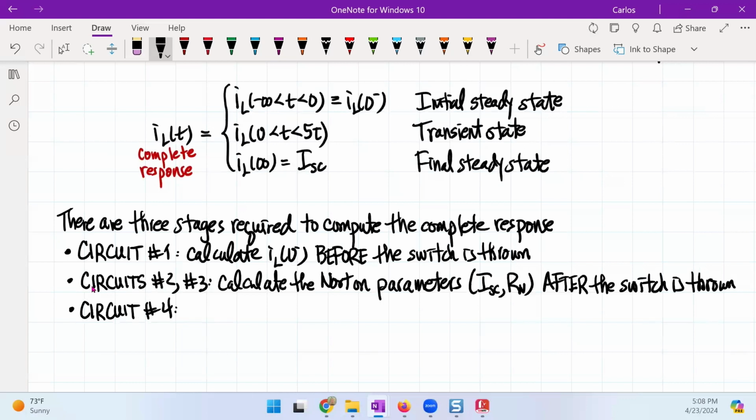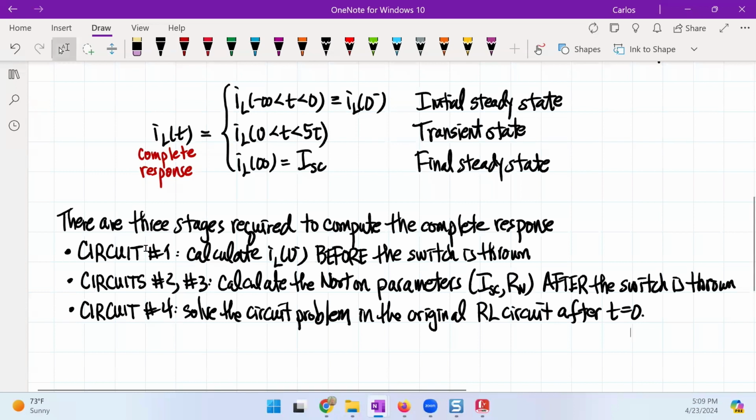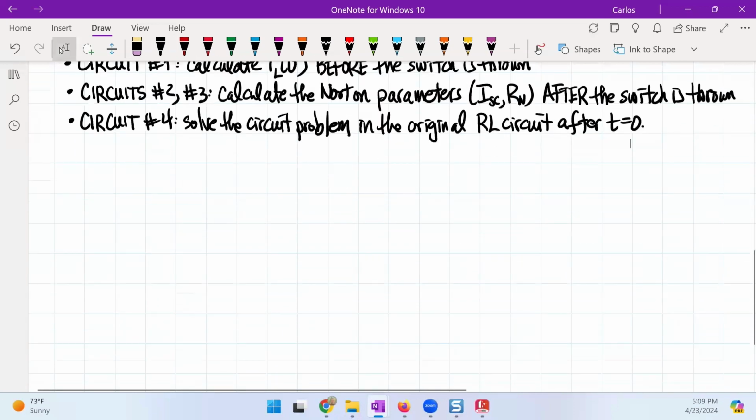In this case, we solve the circuit problem in the original RL circuit after t equal to 0, at 0 plus. So now that we've summarized what we've done before, let's go in and do what we did before.